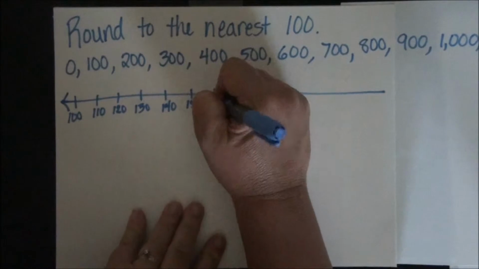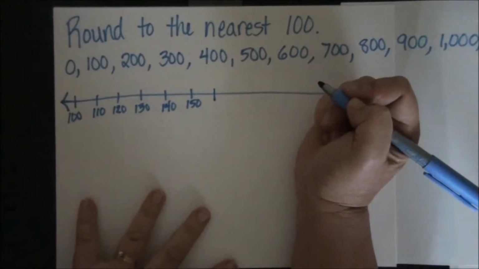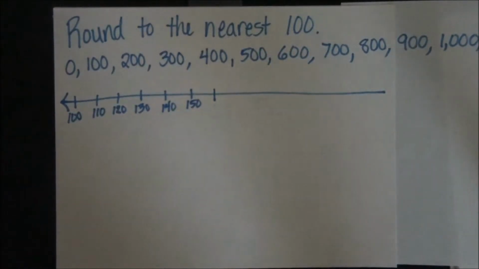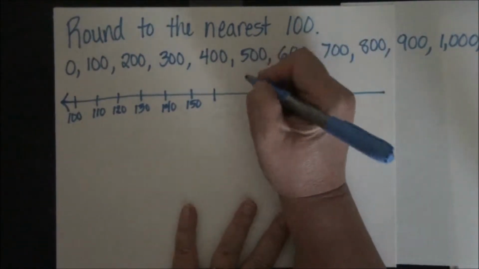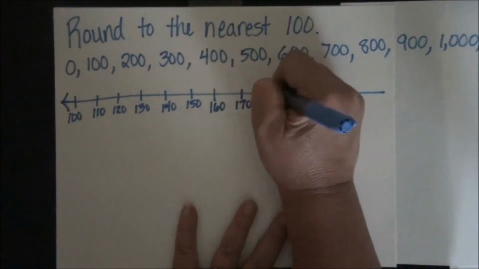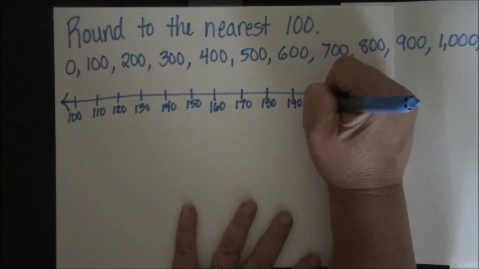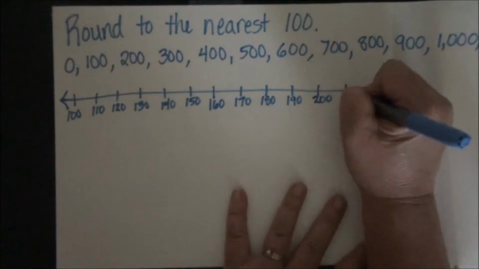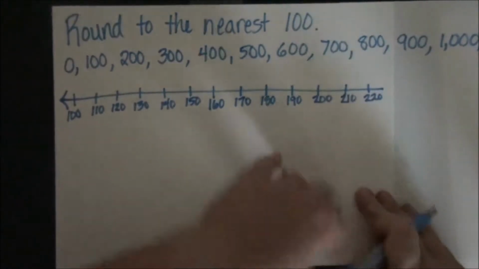Okay, so let's see. What am I doing? I did that wrong. Gotta go by the tens. Okay, sorry, I confused myself. 160, 170, 180, 190, 200, because I'm only going up to 300. Okay, 210, 220.